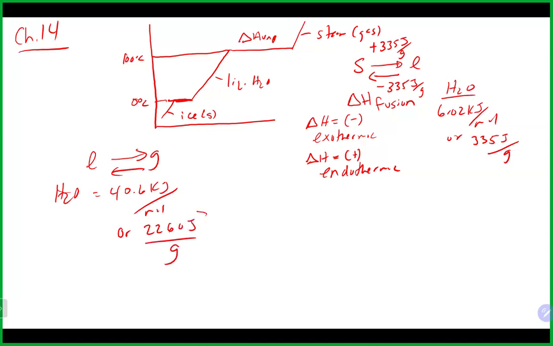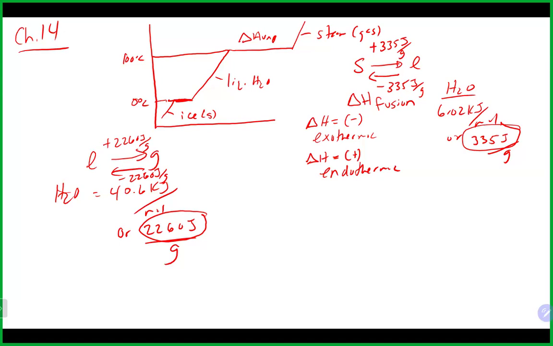Once again, as we talked about, a lot more energy is required for the transition from liquid to gas than from solid to liquid, because we're completely breaking everybody apart from one another. Same idea with the sign: liquid to gas is endothermic, so positive 2260 joules per gram, and negative 2260 joules per gram going from gas back to liquid.